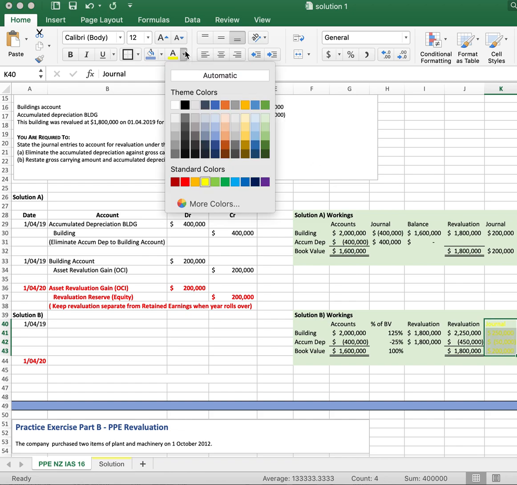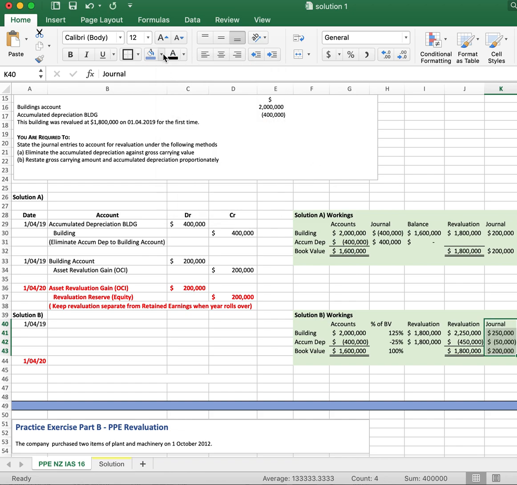Oops, wrong colour. Let's stick to that. I was just going to highlight my journals that I've done, which is good for me. Okay, so this one here, the journal will be, and I've put the account names in here already. Building is going to be 250, so it's going to increase the value by 250.